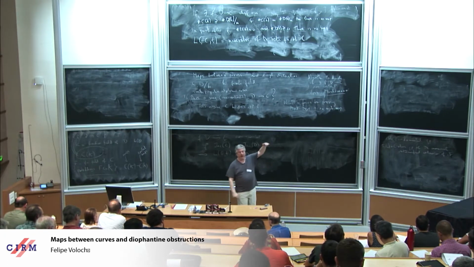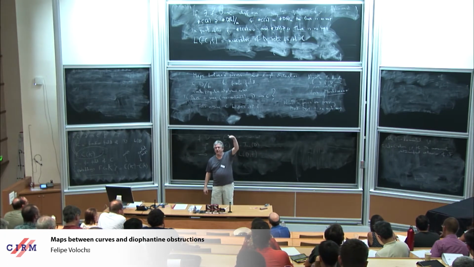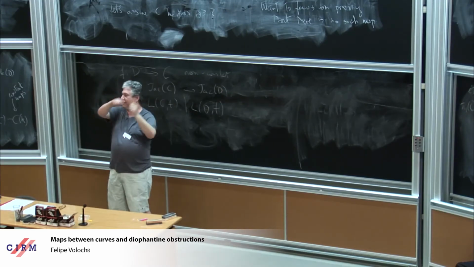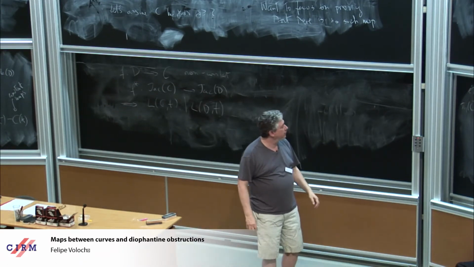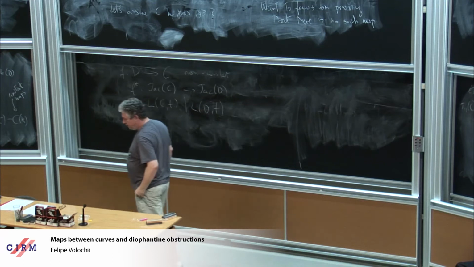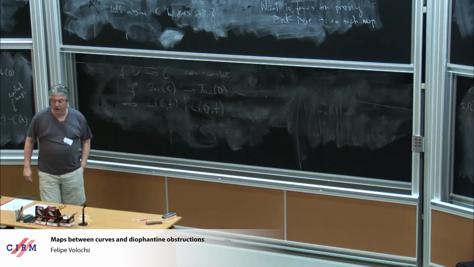So you take all the unramified extensions of C which are Galois, you get a bunch of Galois groups, you take a projective limit to put them all together, you get this big group, which is called the fundamental group of C. And it encodes a lot of information.